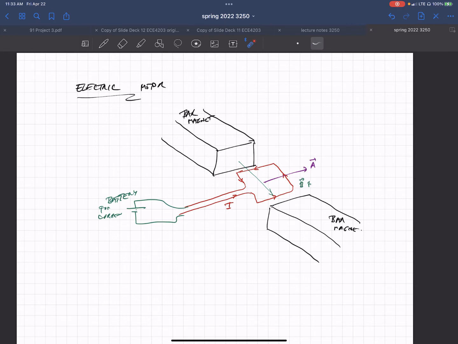Now, that's okay, but think of the alternating current coming out of the wall plugs: it's at 60 hertz, a particular frequency.